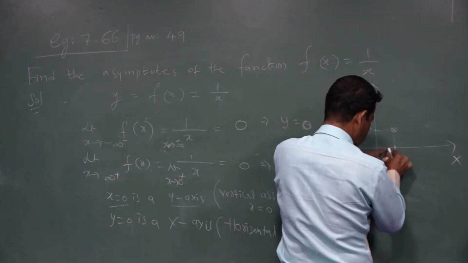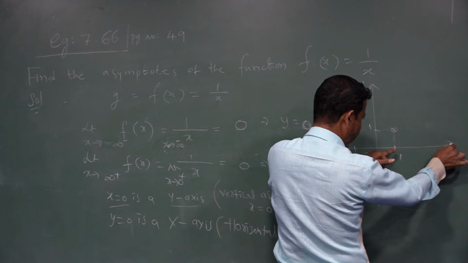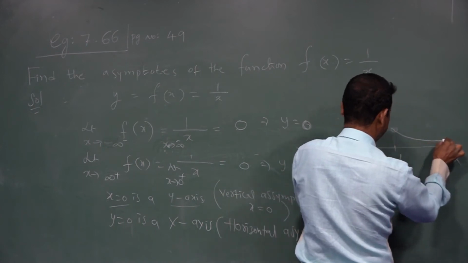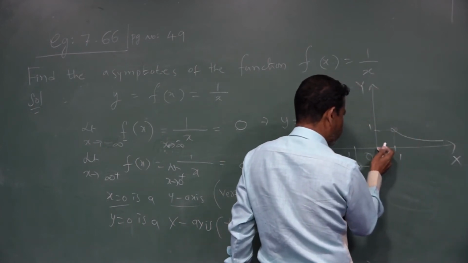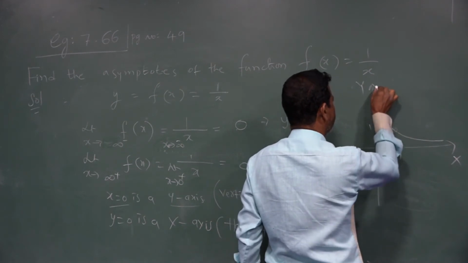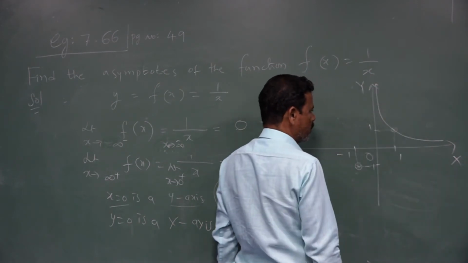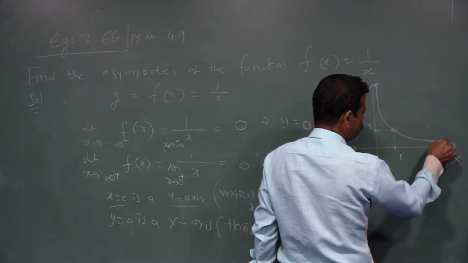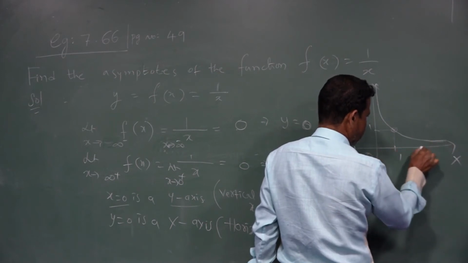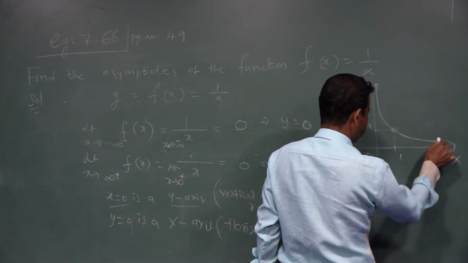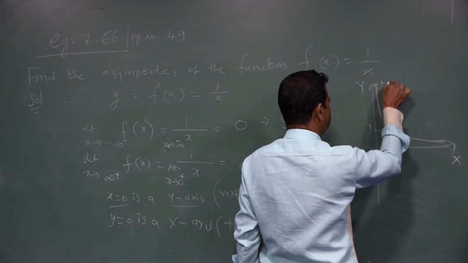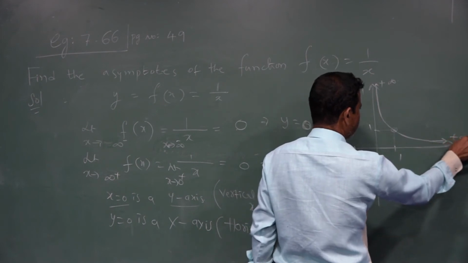Now, if x value reaches infinity, this curve is decreasing. As x value near 0 it is going to infinity, like this. If x increases, the function decreases. If x decreases, the function increases up to plus infinity. This also goes to plus infinity.